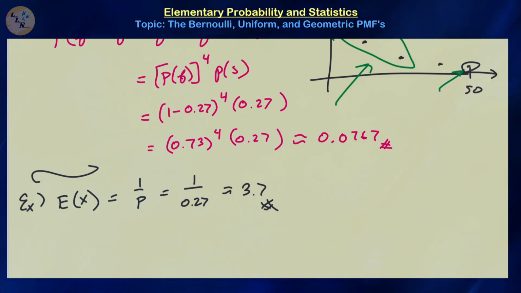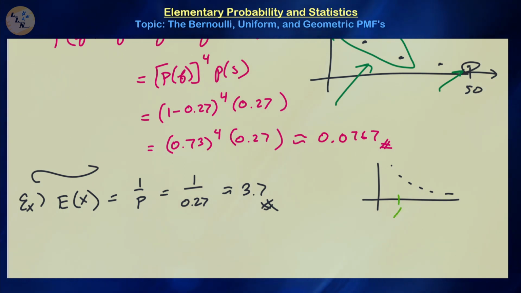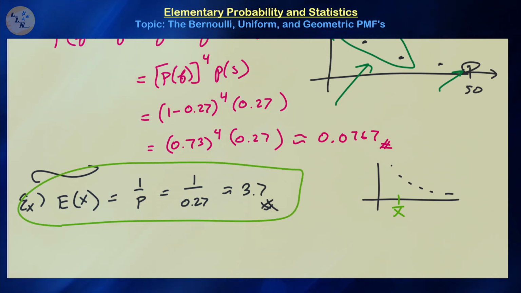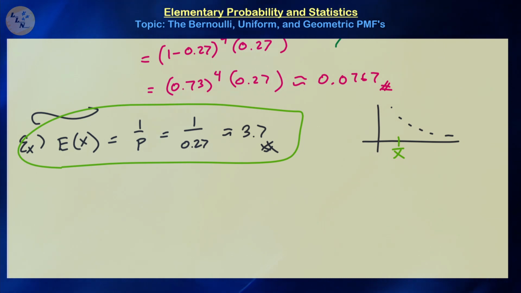Because keep in mind, since this is a decreasing distribution, this is definitely a right-skewed distribution, so the mean should be over here somewhere and not in the middle of infinity divided by 2, whatever that number is. So this is where your expected value is, and this is one application of how you can use that expected value to solve your problems.